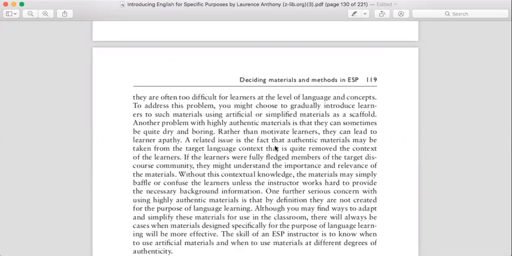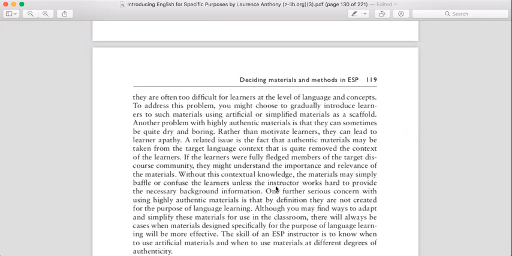A related issue is that authentic material may be taken from a target language context that is quite removed. Students cannot relate their context to the context in which the sample is produced. Okay, so without this contextual knowledge, the material may simply baffle or confuse the learners unless the instructor works hard to provide the necessary background.